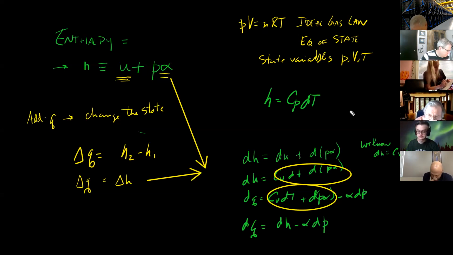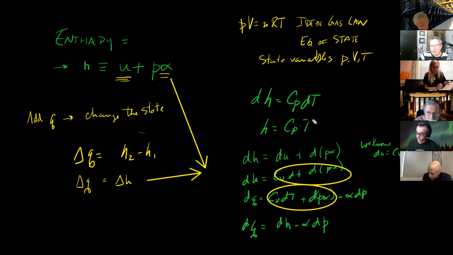Thank you. I'm sorry. dH equals Cp dt. And then, of course, instead of taking the derivative form, I just say that the actual state is Cp times T.